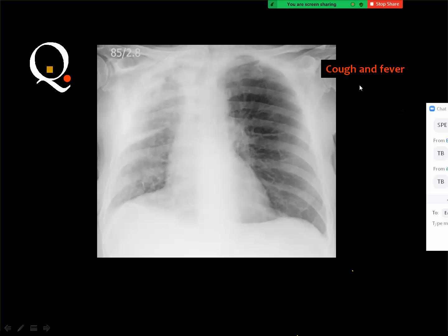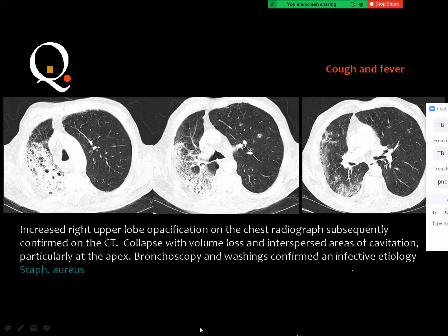This patient had cough and fever. Yes, and this is pneumonia.